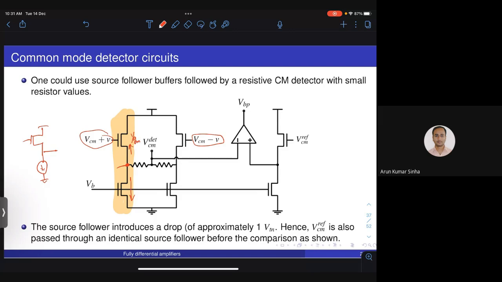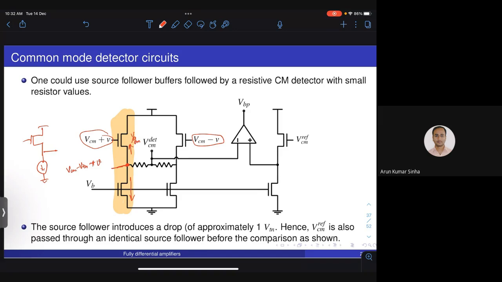It has a gain of almost equal to 1. Therefore, what will the voltage here be? The small signal voltage will be almost equal to V, and the DC voltage will be basically VCM minus VTH, right? So this is what will happen at the output. Basically, the input will be shifted by one threshold voltage, and the gain will almost be equal to 1.